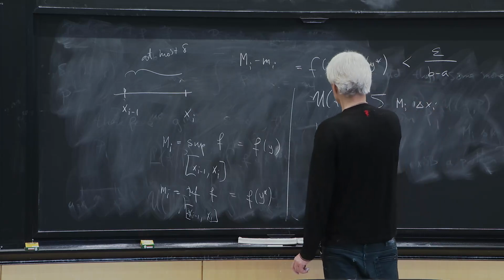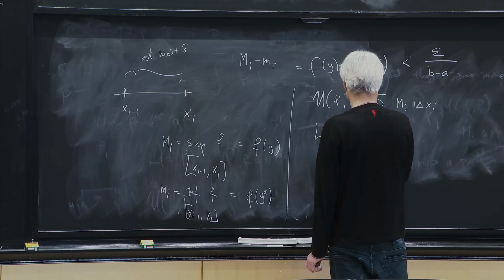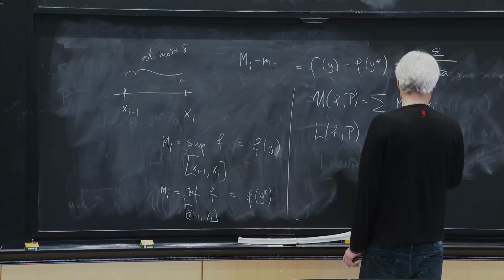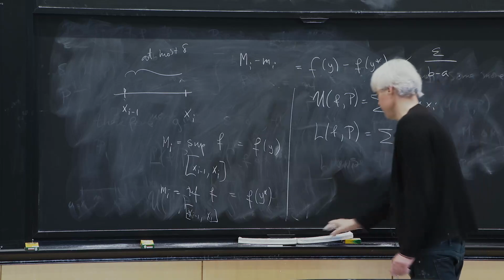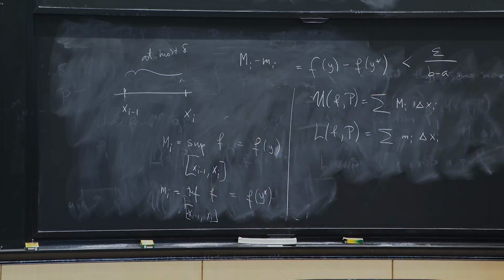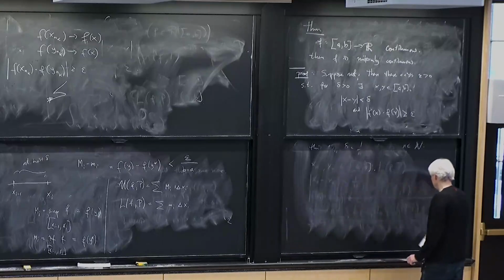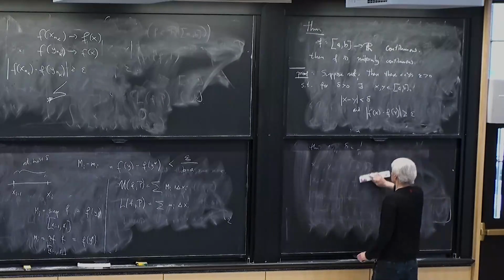For the lower sum, this is the sum of the small m_i times delta x_i. And now let's look at the difference between these two. That's the one we need to prove is strictly less than epsilon.